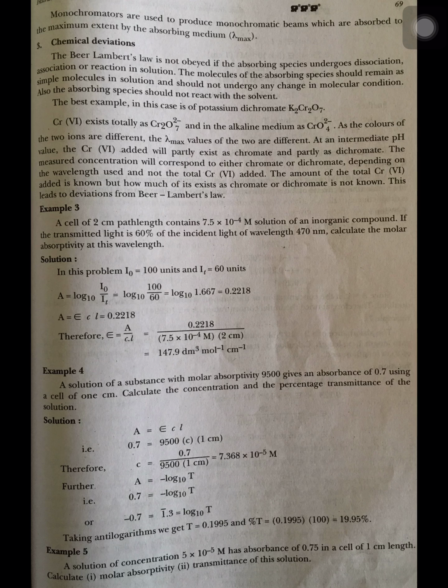The molecules of the absorbing species should remain as simple molecules in solution and should not undergo any change in molecular condition. Whatever absorbing species are present in the solution, those species should not change their structure. Then and only then will the Lambert-Beer law be obeyed by these absorbing species.